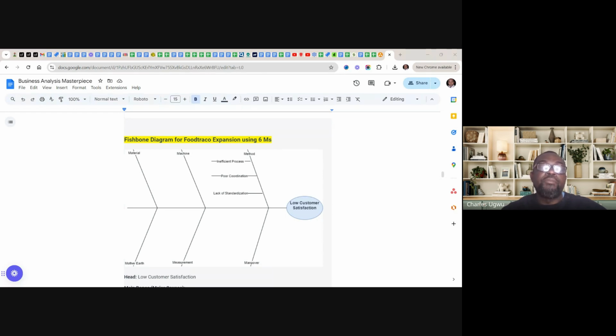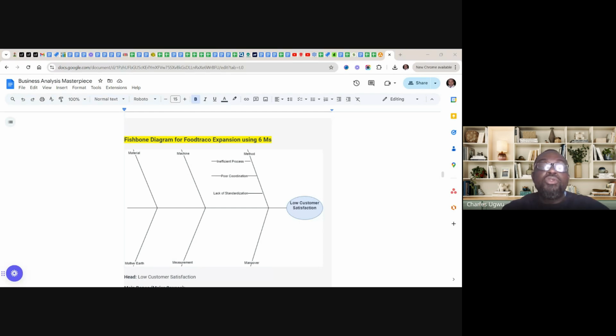3 M's, but you must capture it in this way. They are not telling you exactly where, but they are telling you that your problem is buried somewhere here. So try to look for your problem within this environment.